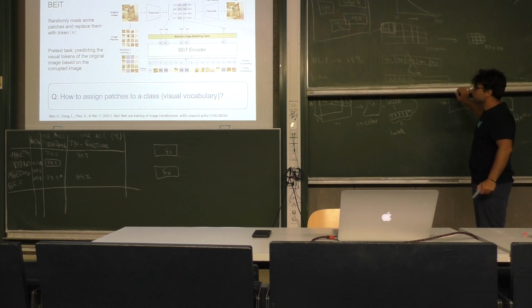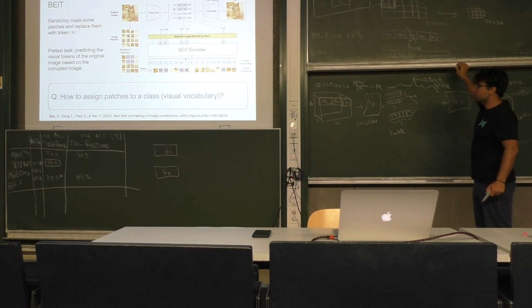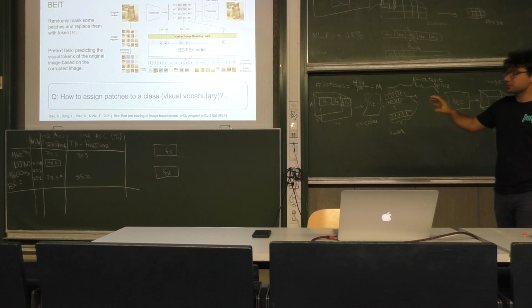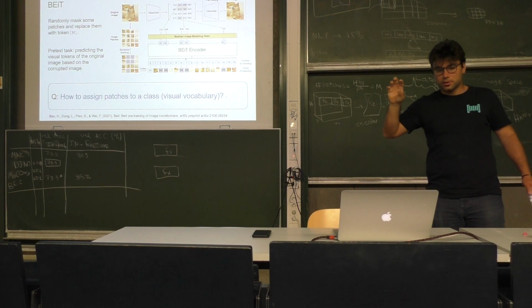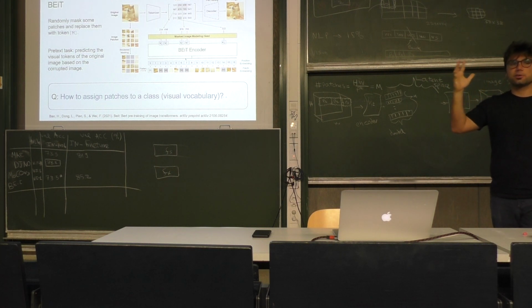Now we are not directly relying on the image space, at least for the pretext task, but we try to assign each patch to one specific entry in the vocabulary.